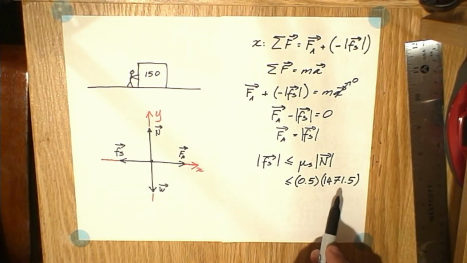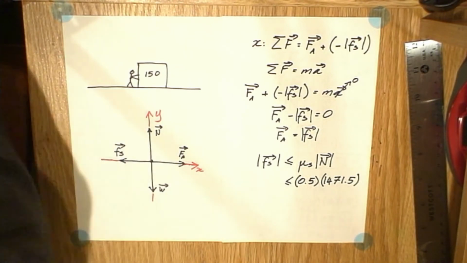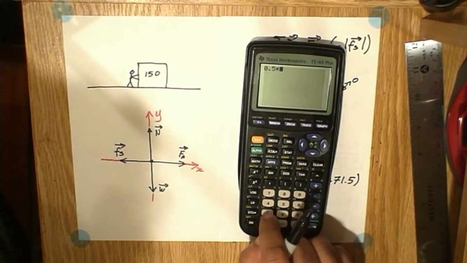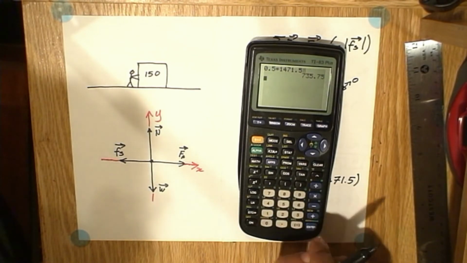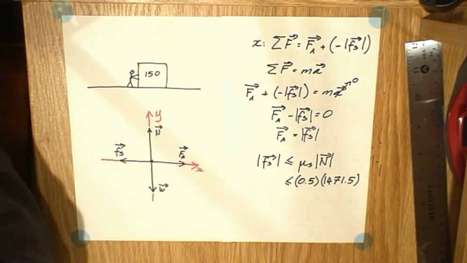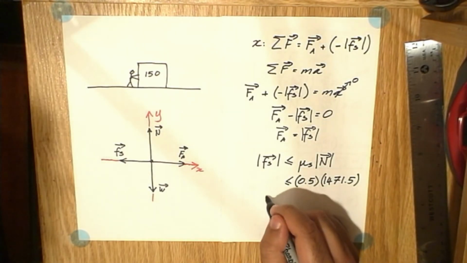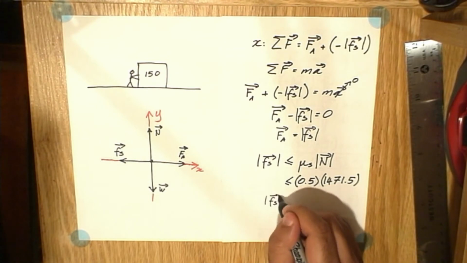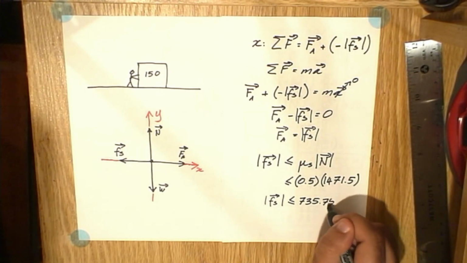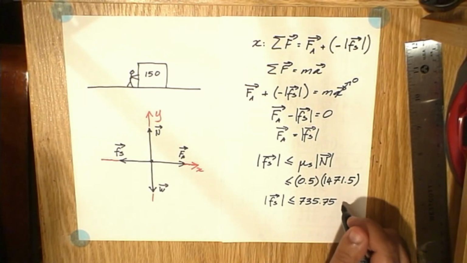This is the maximum possible value it can have. 0.5 times 1471.5 gives us 735.75. So that's the maximum value of the friction force, the static friction force. It can have any value up until 735.75, but not higher than that.